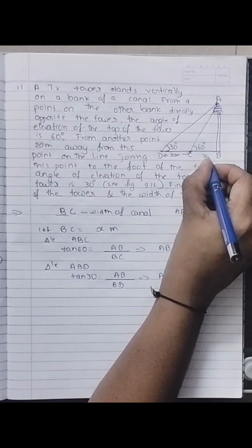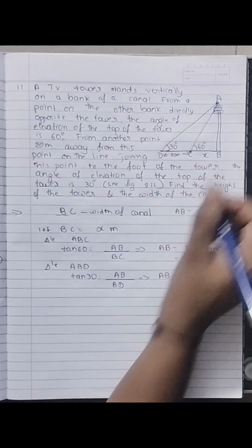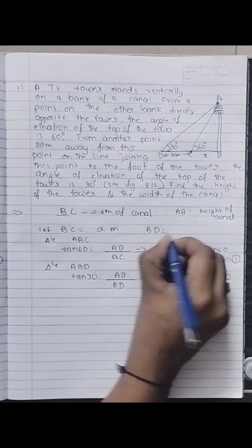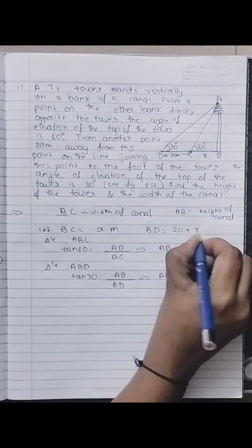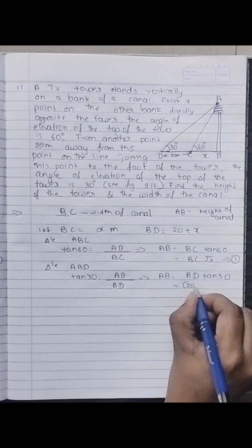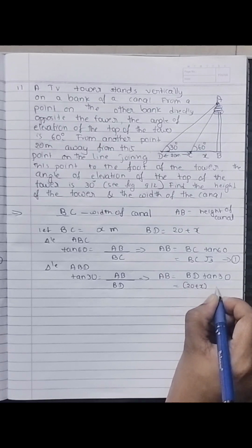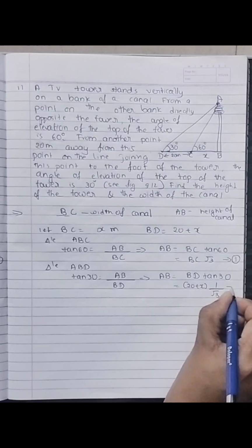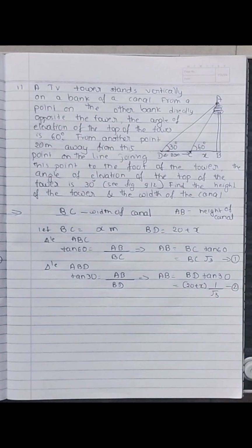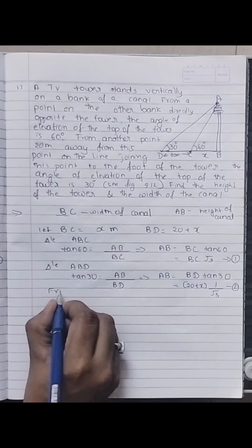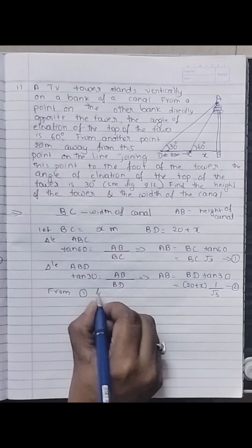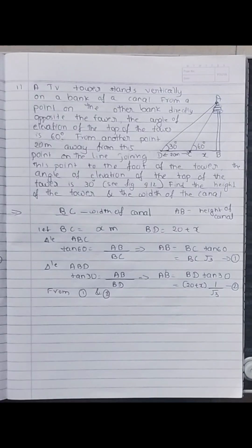This we have assumed as x. So BD will be equal to 20 plus x. So this is 20 plus x into tan 30, which is 1 by root 3. Let's call it equation 2. So from equations 1 and 2, the LHS is the same, AB is equal to AB.